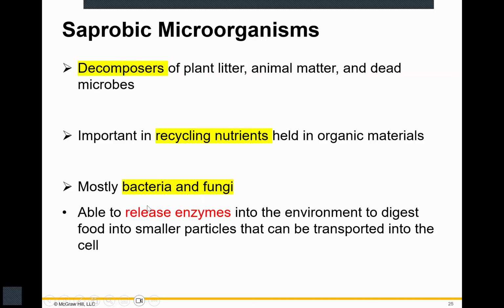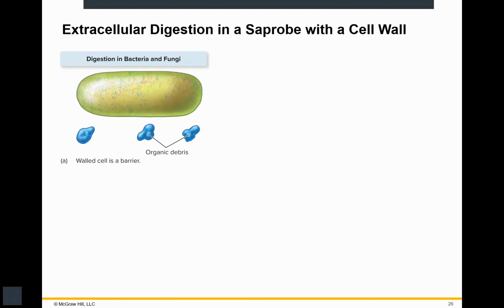Now, saprobes are able to release enzymes into the environment to help digest these recycling nutrients and materials or particles, and then they transport it into the cells. They digest it on the outside, and then they take the byproduct of their digestion into their cell.